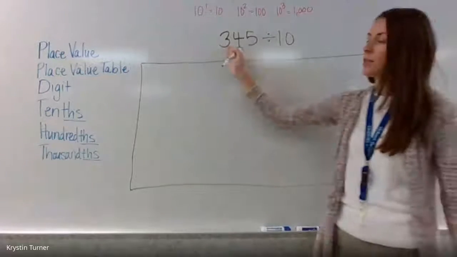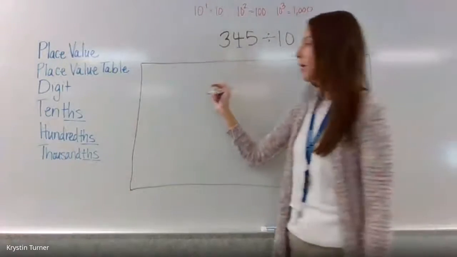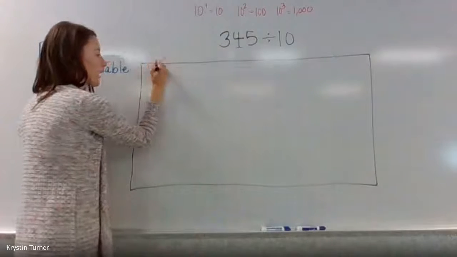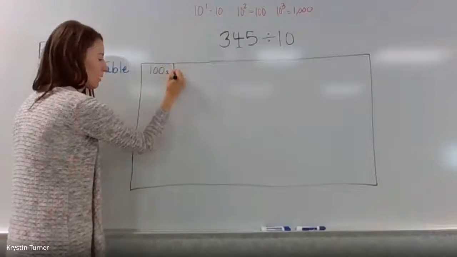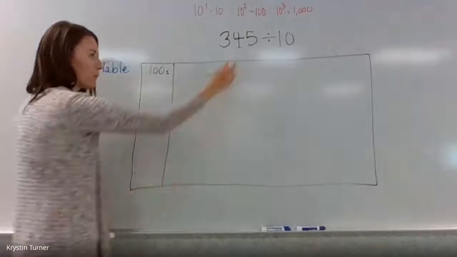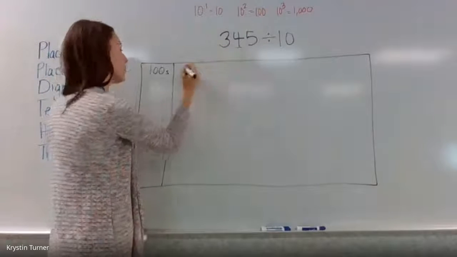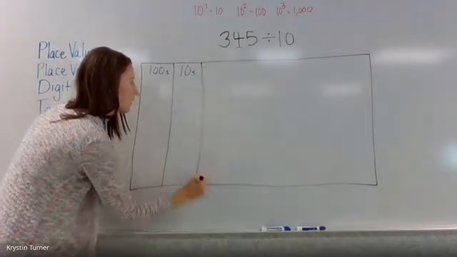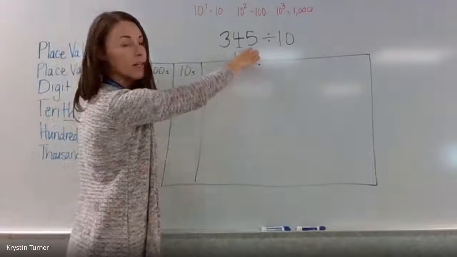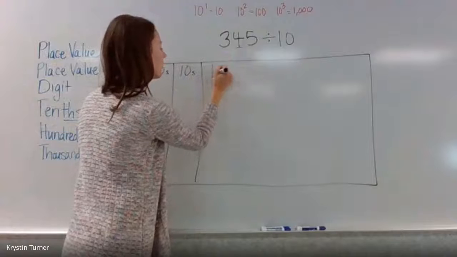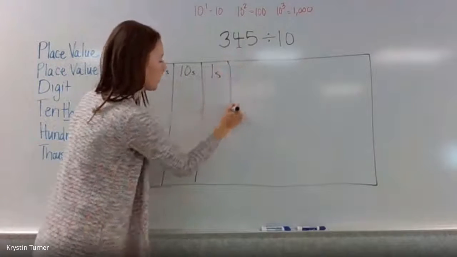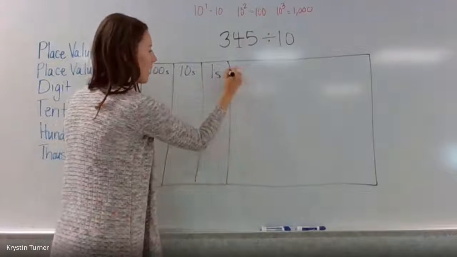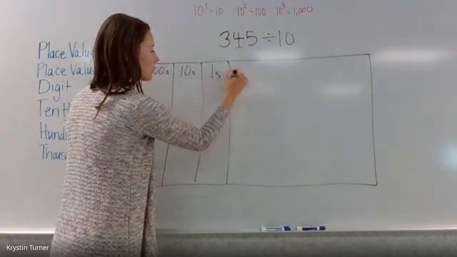So we're going to start, since this is the hundreds place value, we're going to think hundreds. And then we have the tens place value. The ones place value. And then behind the ones place value, that's where our decimal goes.